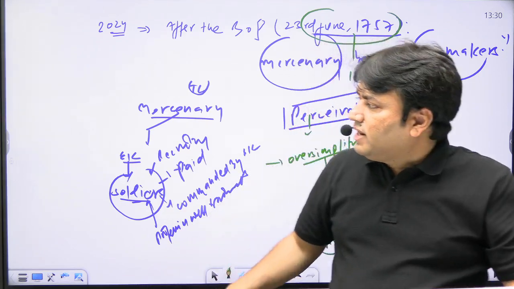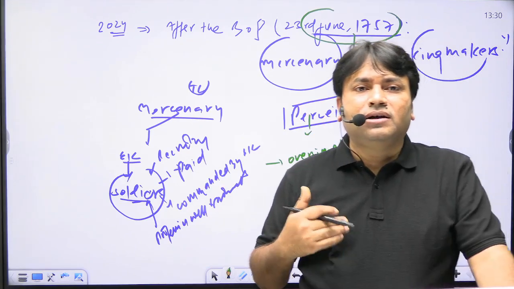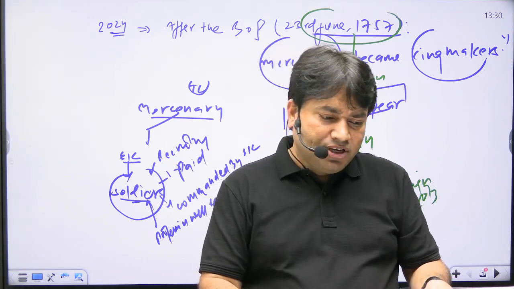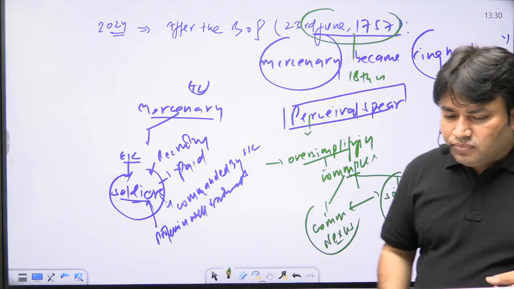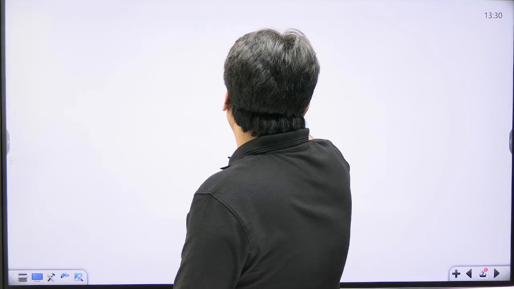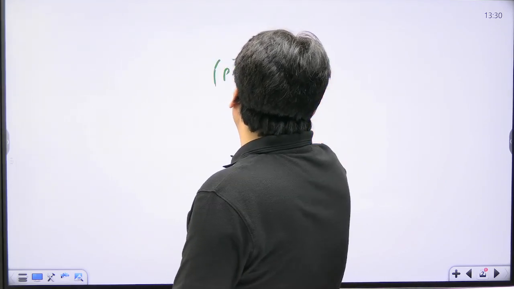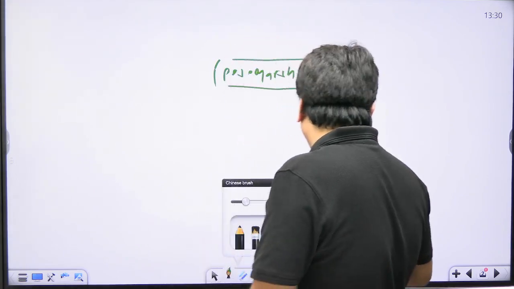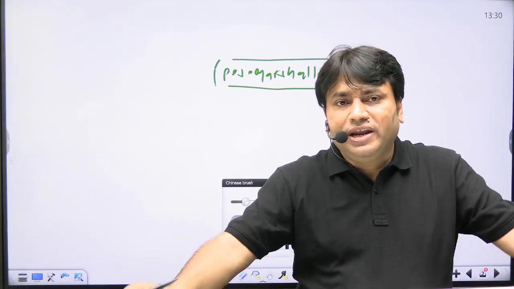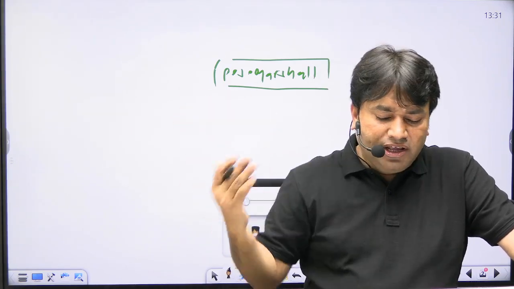And I have found that each and every question that has been asked here is motivated by some opinion of some historians. For example, if we talk about P.J. Marshall, you don't need to study historiography separately. Here, if we take the example of P.J. Marshall, his works are related to the colonial system of administration.